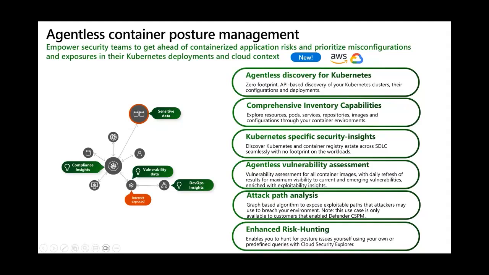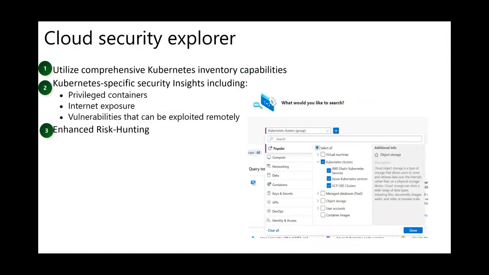And taking a closer look at the Cloud Security Explorer here, you'll see that some of the benefits are one, being able to show you the comprehensive Kubernetes inventory. So being able to see the pods, namespaces, services, etc., that exist in your clusters across all three clouds within one single view, and also show you Kubernetes specific security insights.